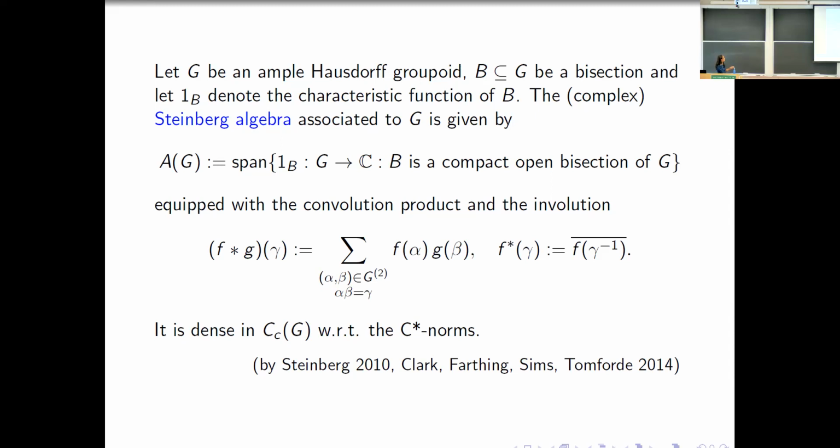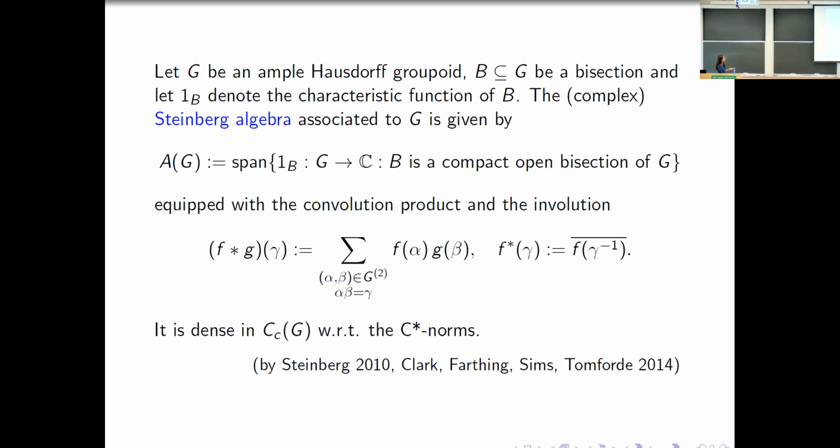Once we have this collection of indicator functions defined on the bisections, we can take the linear span of all of them, and this gives us an algebra A(G). Once we look at this A(G), we can similarly define the product.